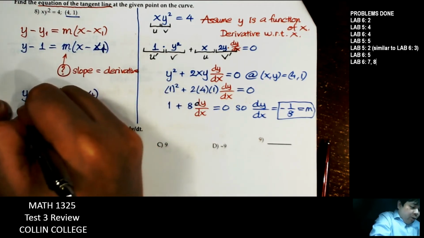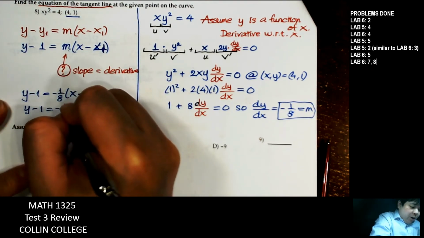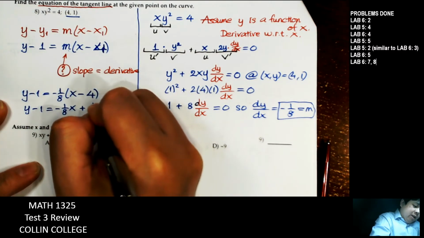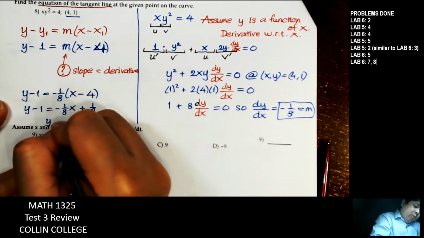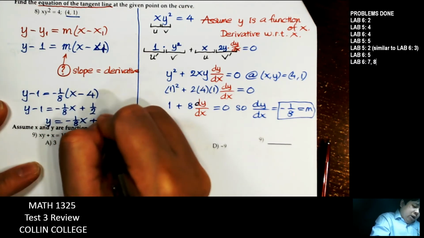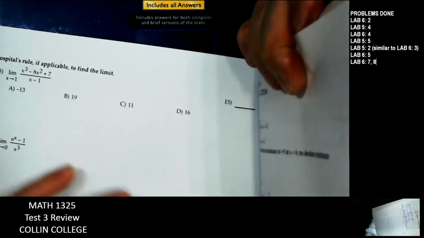So we put it back. By the way, x1 is 4, so we know that already. Right, and just simplifying, we'll have y minus 1 equal to negative 1/8 x, that will be plus 1/2.